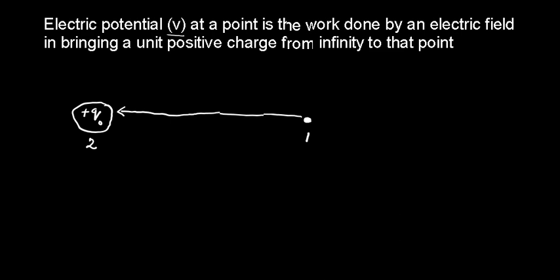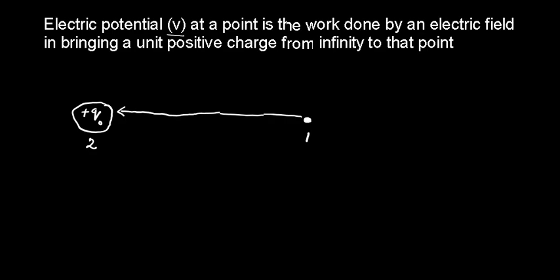Electric potential. Electric potential is denoted with V. And electric potential at a point is the work done by an electric field in bringing a unit positive charge from infinity to that point.